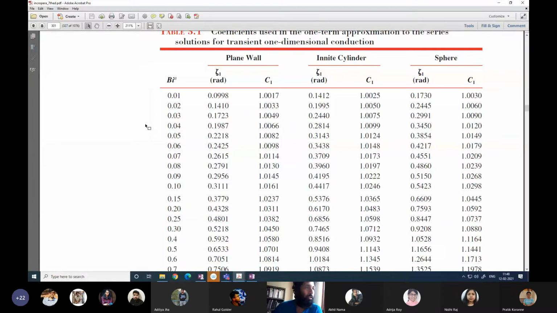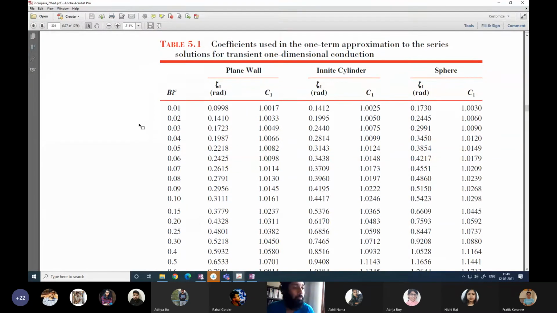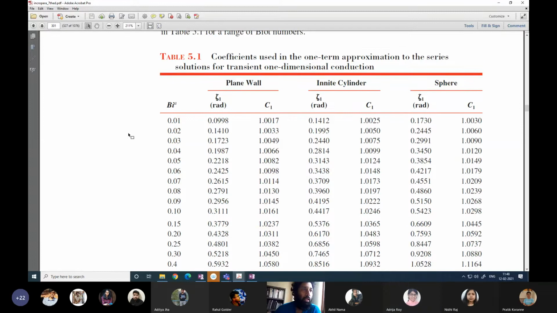Okay, can you see my screen? Yes, sir. Okay, so these are the coefficients. These are basically for various Biot numbers. Someone has solved it. Now the notation is slightly different here: there is zeta 1 and C1.